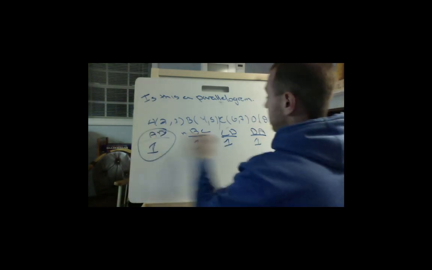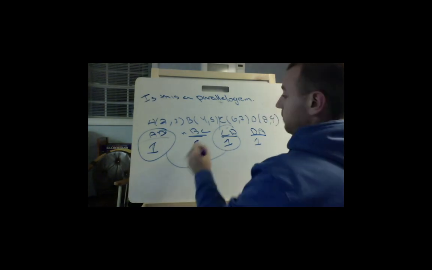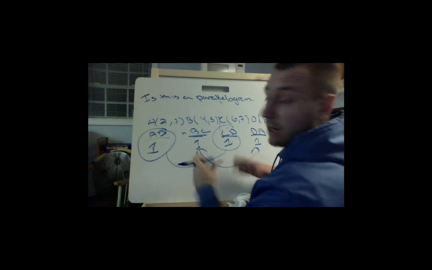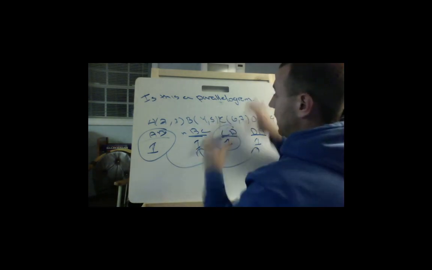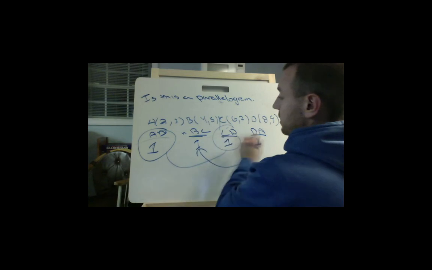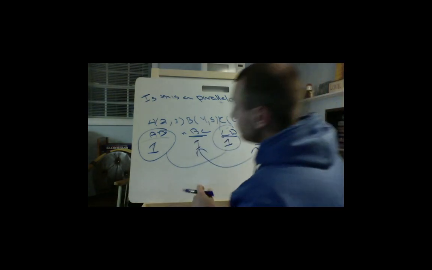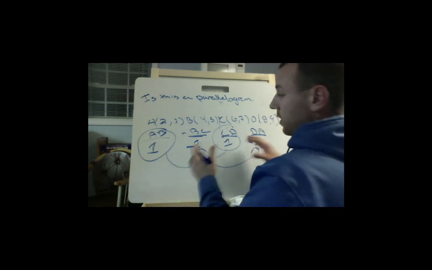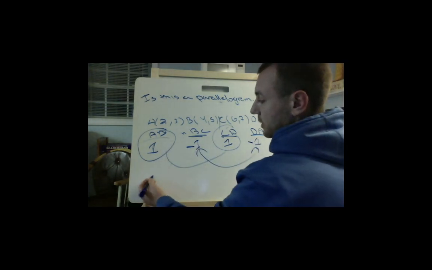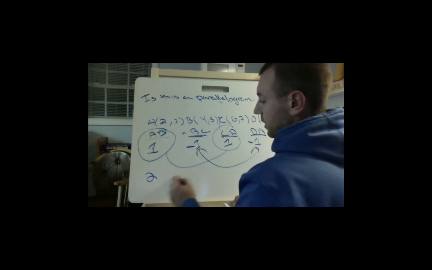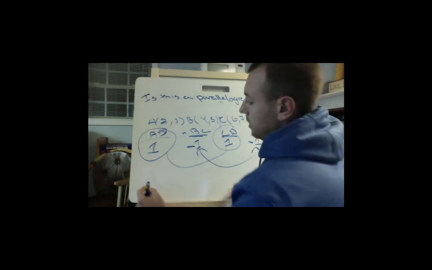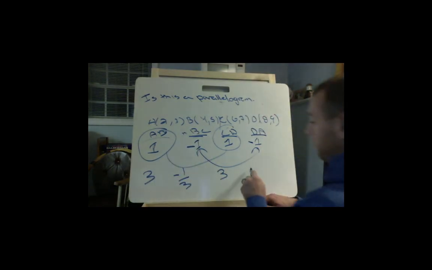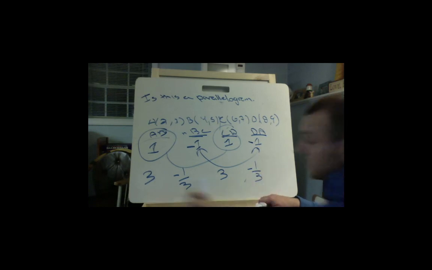As long as these two match up, these are the same, and these two are the same, because being the same means that they're parallel, that would mean that this is a parallelogram because opposite sides are parallel to each other. If this had turned out differently, let's say the slope between this is 2, this slope is 3, the slope between this is -1/3, the slope between this is 3, and this is -1/3.